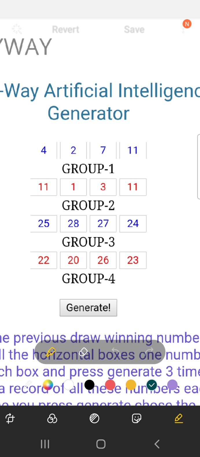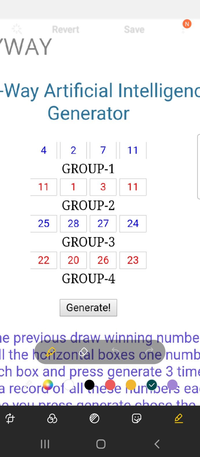It could show up 1 time in the first set, 1 time again in the second set, and another 1 time again in the third set that I generate. That is considered showing up 3 times. So you just have to look for them.